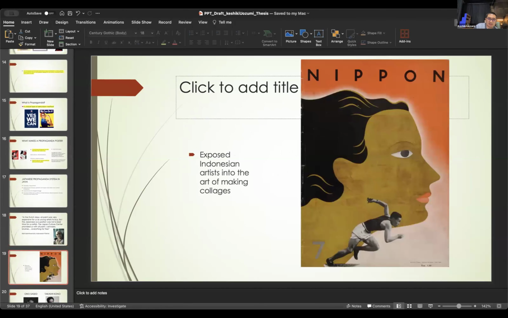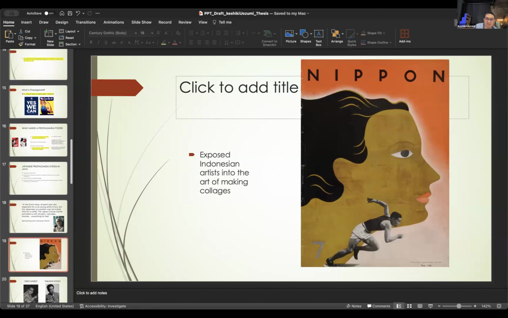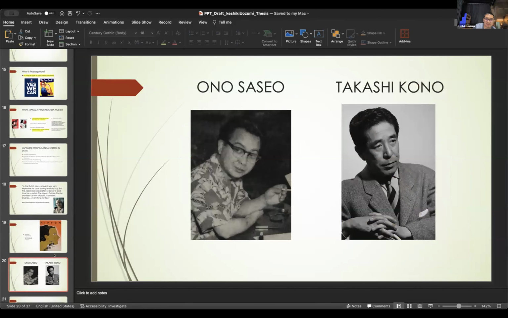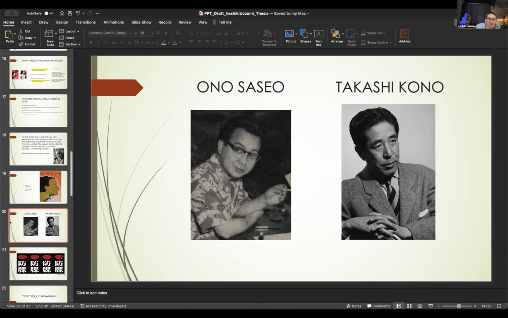In Japanese art, there were two prominent figures in the Department of Propaganda. They exposed Indonesians to making collages in a more Art Deco Japanese collage style. The prominent figures are these two, Ono Saseo and Takeshi Kono.